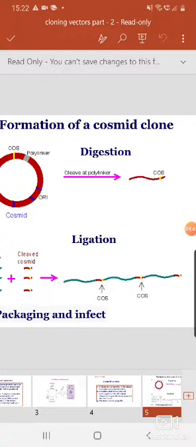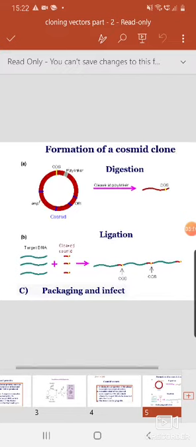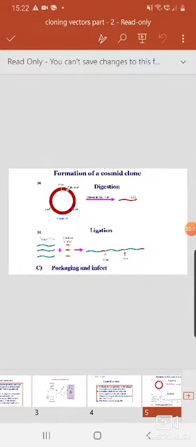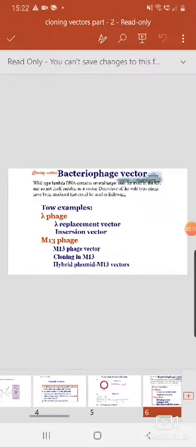Then if you give the in vitro packaging extract, which we will study, of lambda phage, the head, tail and other viral proteins, the viral extract and proteins will cut at the two cos sites and pack it inside the virus head as a viral genome, and that will propagate as a virus. If you want, you can also propagate it as a plasmid.